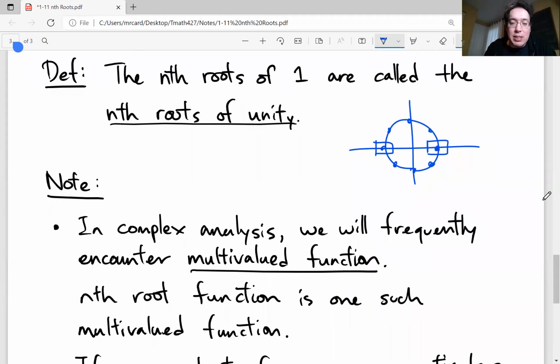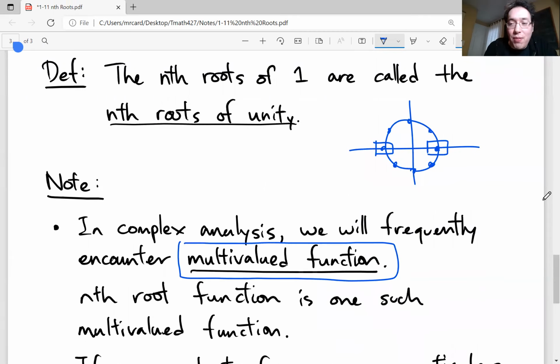And this touches on one of the things that we'll have to frequently work with. Taking the nth root is a multi-valued function, right? There are multiple valid answers to this question. So you usually have to be more specific when you take the square roots or cube roots of something in the complex world.